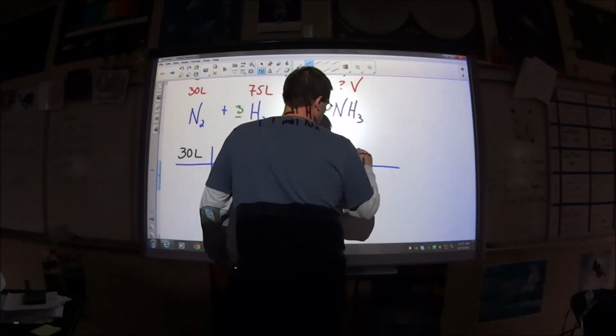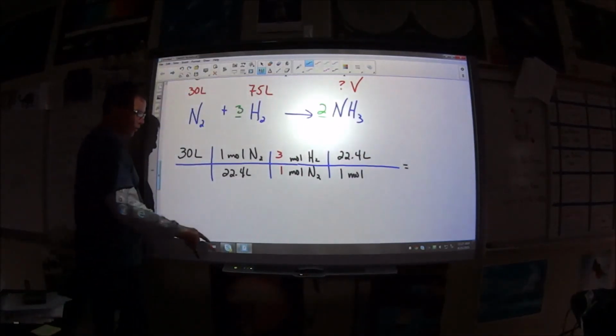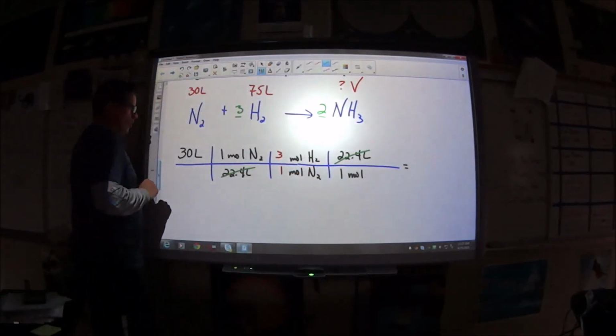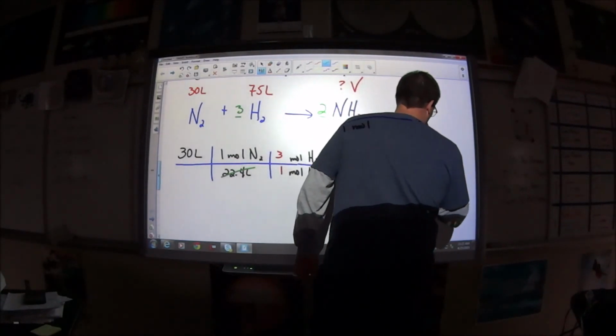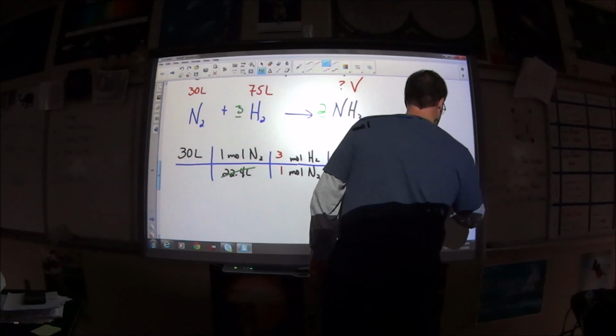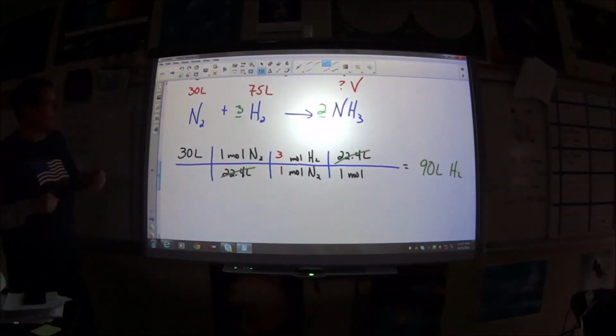So 22.4 liters. And let's get a value there. So it looks like we can cancel. Mental math: 30 times 3 is 90 liters of hydrogen.